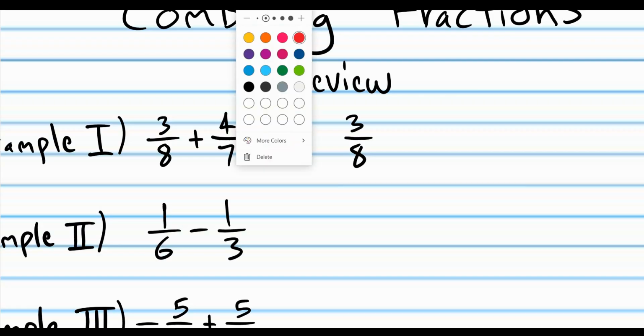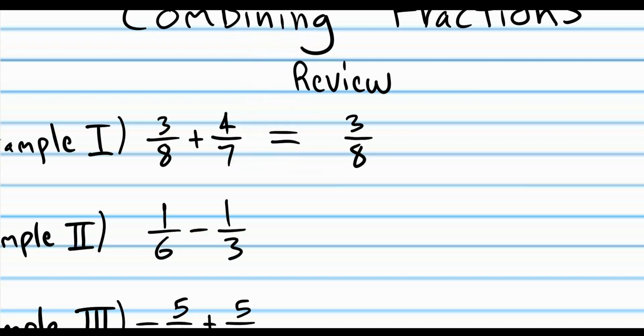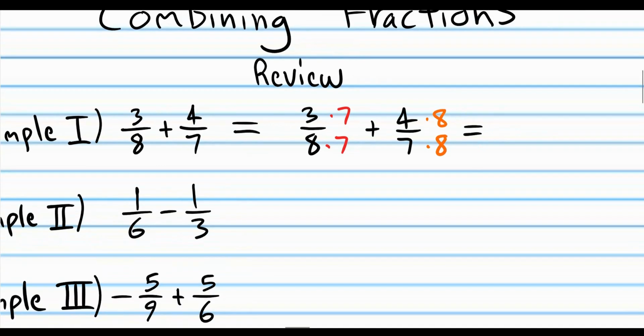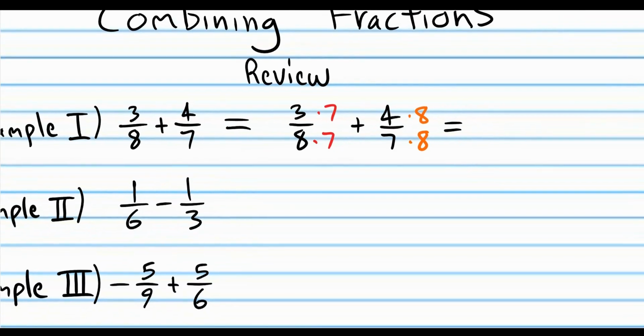So in this case, I would have to multiply both sides of the first fraction by 7 and both sides of the second fraction by 8. And we would get 21 over 56 plus 32 over 56.